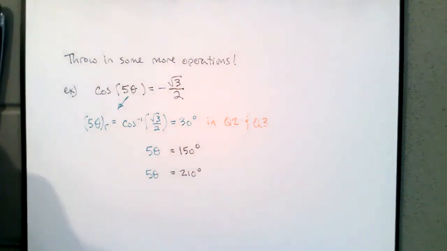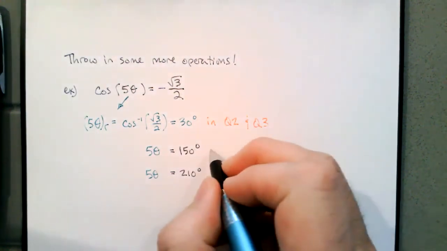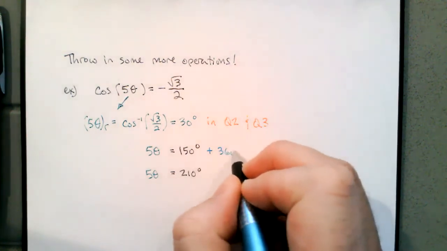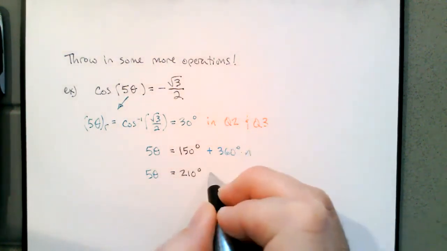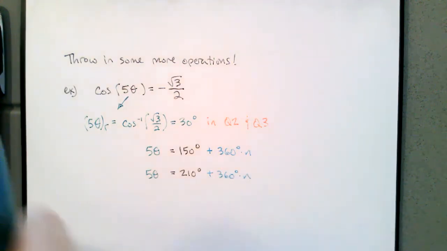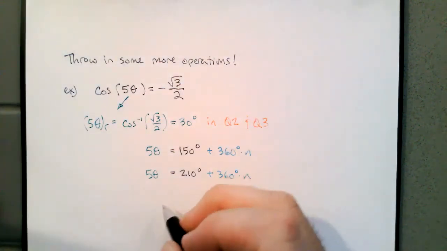So I'm just going to do the normal thing. The third step is to get all the solutions, plus 360 times n, where n is an integer. But we weren't asked to solve for 5 theta. We were asked to solve for theta.